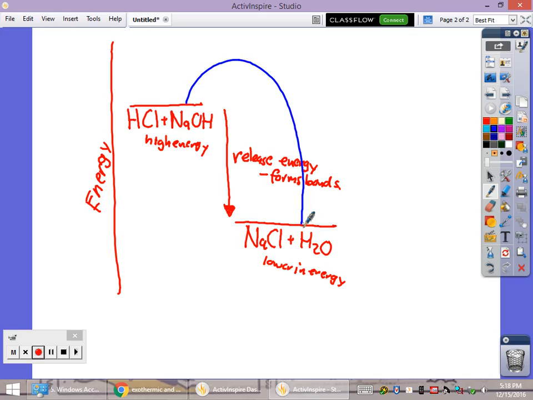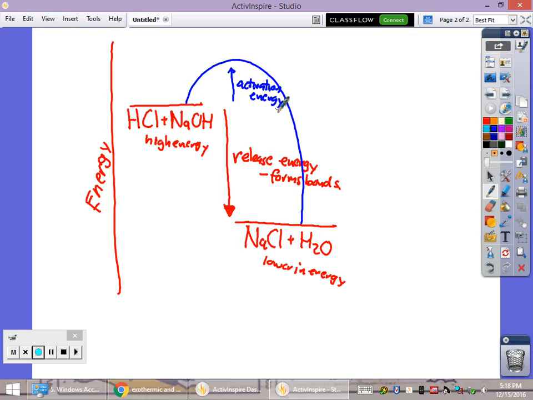But there's some energy of activation that we have to put in to get the reaction to start. Every reaction requires some activation energy, and we always draw it as if there's a curve going up and then falling downward.